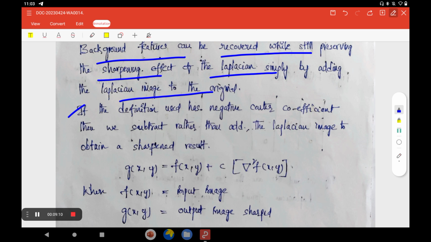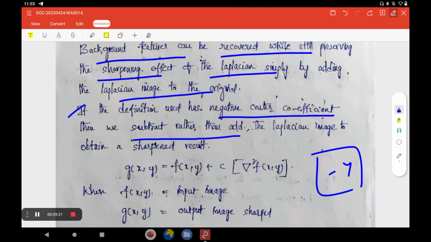If the definition uses a negative center coefficient, like -4, then we subtract rather than add the Laplacian image to get the sharpened result. So if you are using a negative center coefficient, you have to subtract; if it is positive, you can add. Those are some of the observations in the case of the Laplacian.